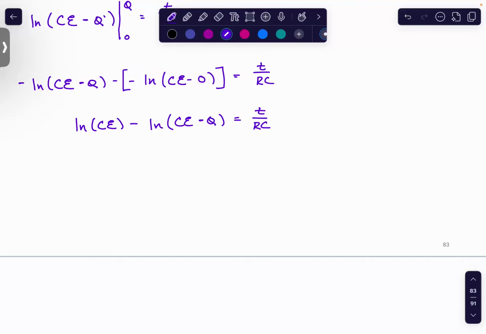Okay, so now we can combine the natural logs. And what happens if I now make that natural log negative?